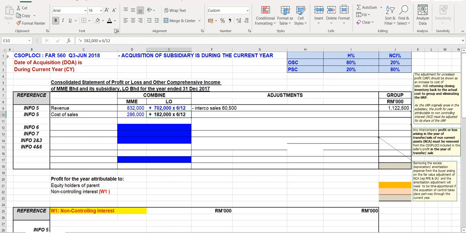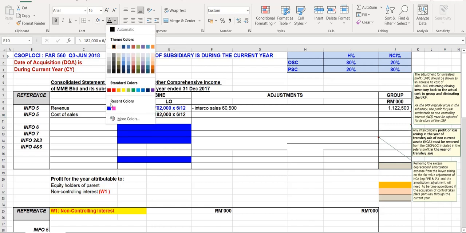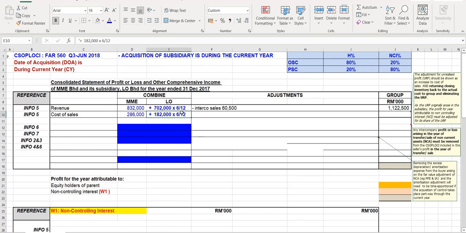Okay, and the amount that you consolidate would be for 6 months of the subsidiary, and the one here that you have would be the intercompany purchase that you remove, right?